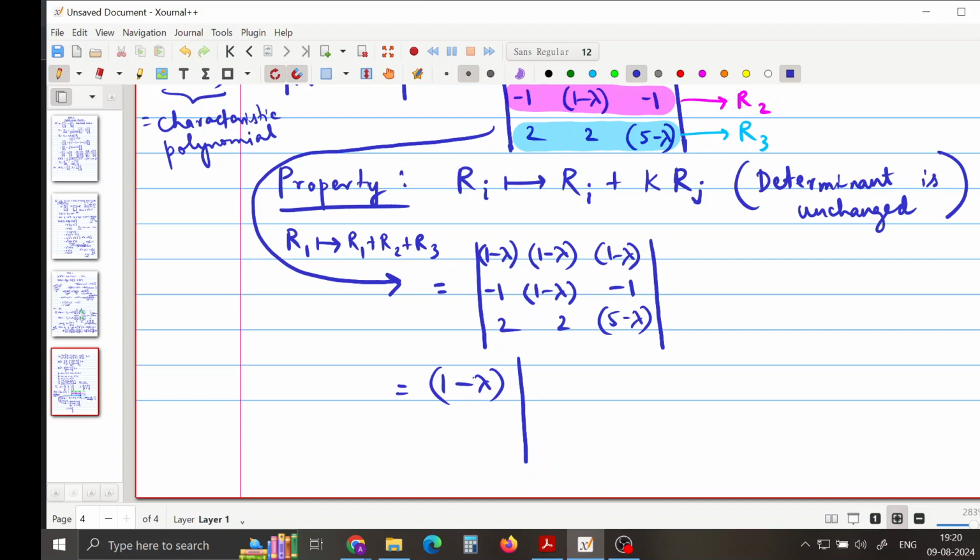So I am taking 1 minus lambda common from the first row. So the first row will now become 1 1 1.